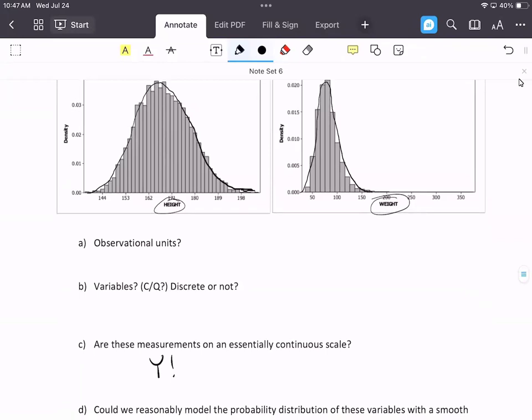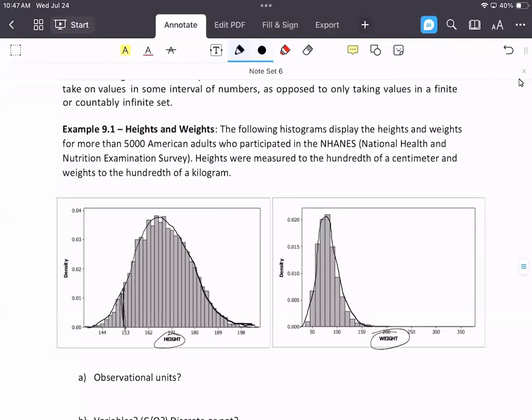Smooth curves, sure, they would definitely pretty well represent, because remember the probability that you weigh under 153 kilograms is all of this here, okay? So that smooth curve would really well represent what's going on.